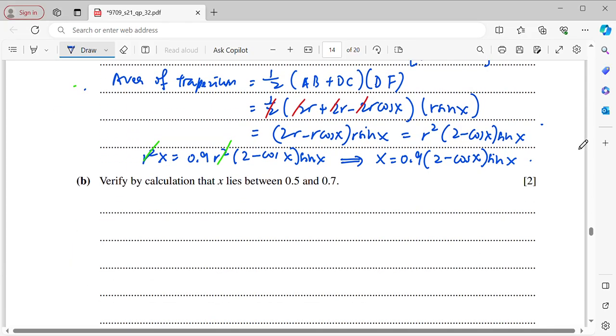So part B, verify by calculation that X lies between 0.5 and 0.7. So I will rearrange this. So X minus 0.9 bracket 2 minus cos X sin X equals to 0. So I will let f of X be the left hand side.